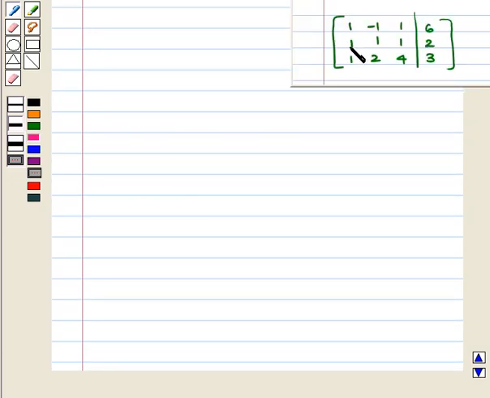In the second row, we have 1 below 1, and we have to make it 0. For this, we subtract row 1 from row 2. The operation is R2 goes to R2 minus R1.